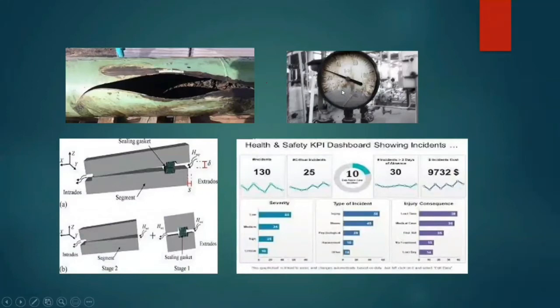By applying this methodology, you can measure your performance to prevent the event from happening. And you can see the consequence, like this dashboard, to comply with the key performance indicator.